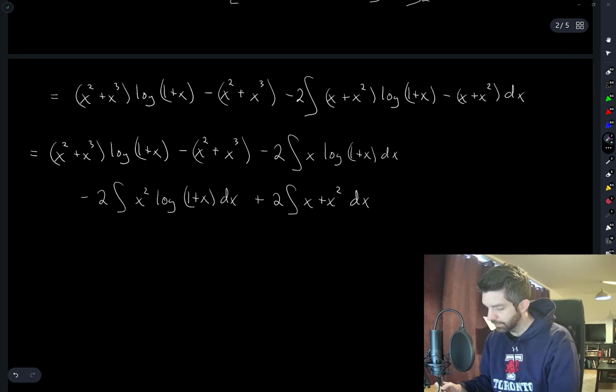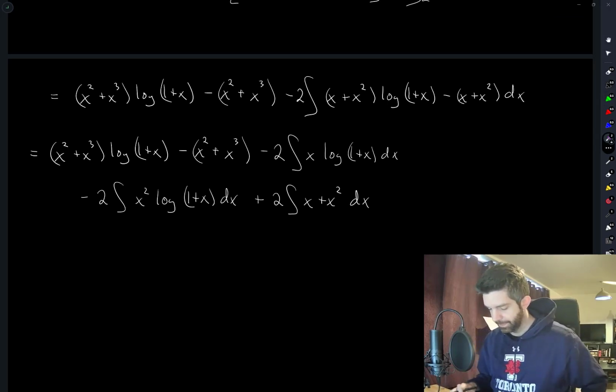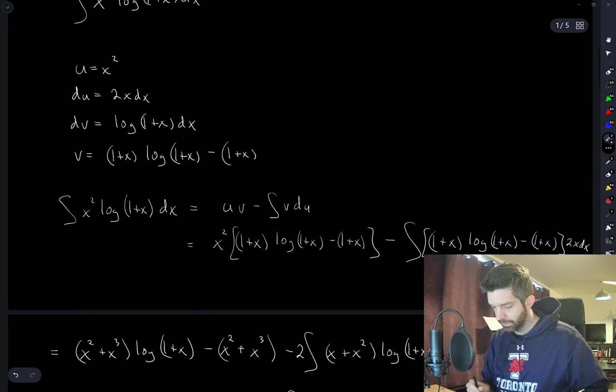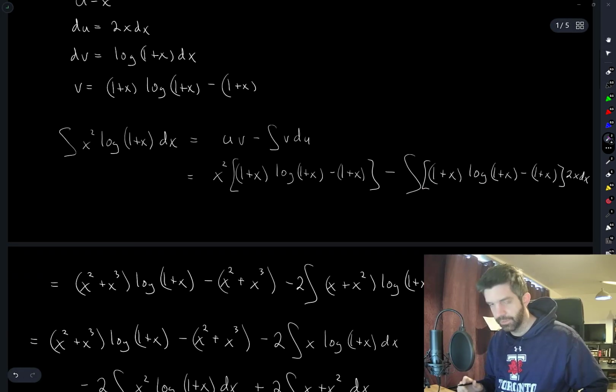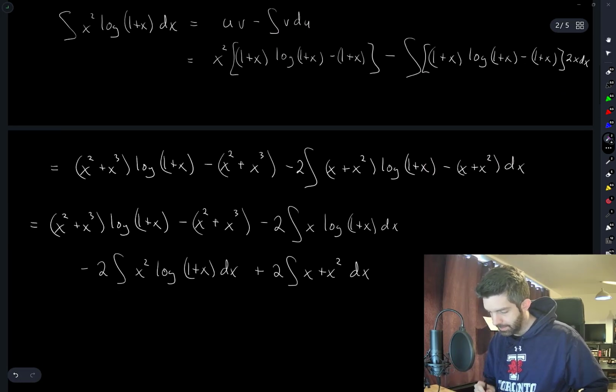Okay, so at this point things look a little bit promising. I've just gone through the computation of integration by parts for this term here. So there's my first product, and then I've substituted in everything there. This is more or less a straightforward expression.